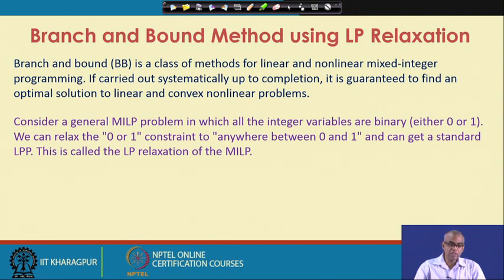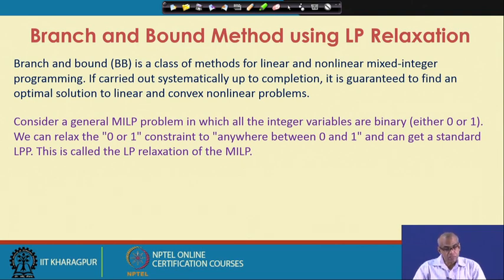The only difference between a mixed integer linear programming problem and a standard linear programming problem is this: in a standard linear programming problem, the decision variables take on continuous values, and in a mixed integer linear programming problem, the decision variables can take integer values.